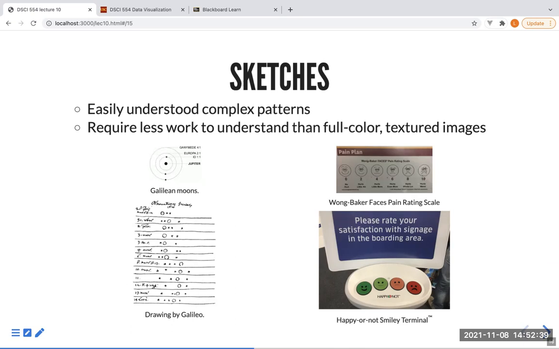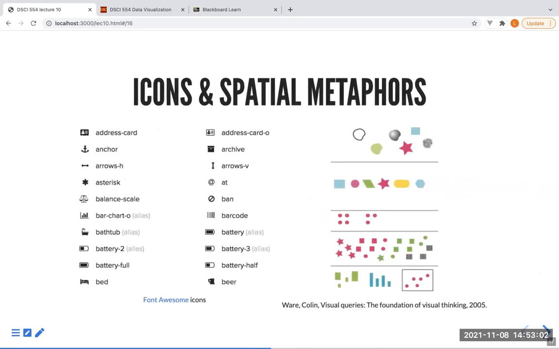And it makes a process that is fairly complicated, these moons revolving around Jupiter, simple to understand from a timing perspective for somebody who is observing it.